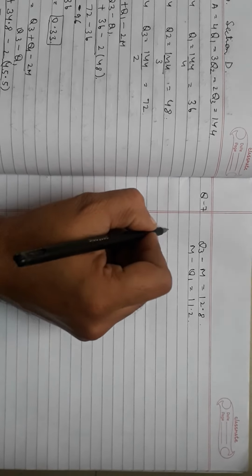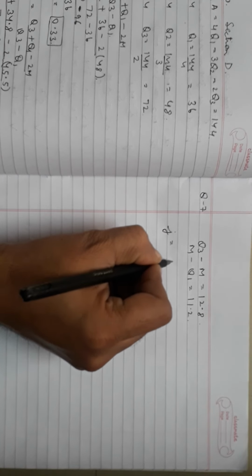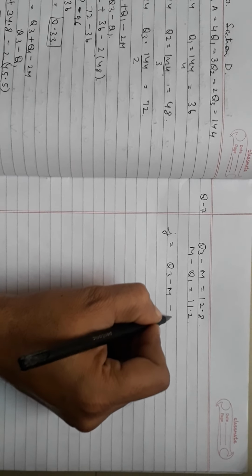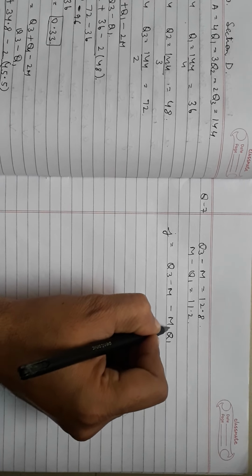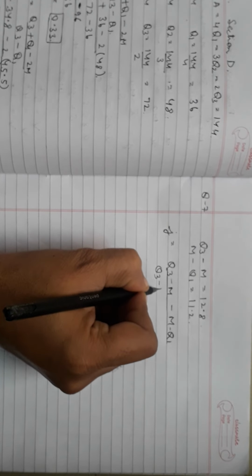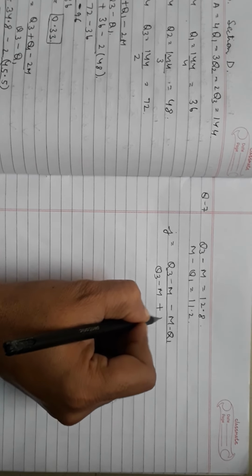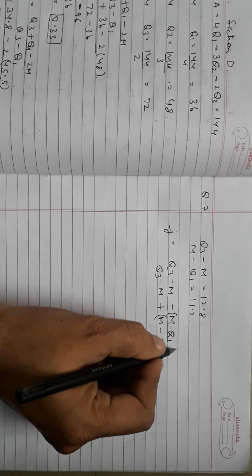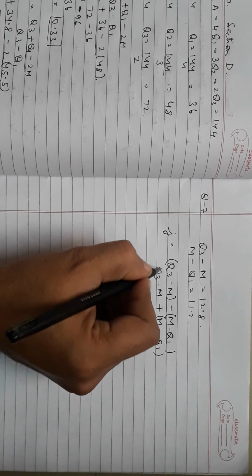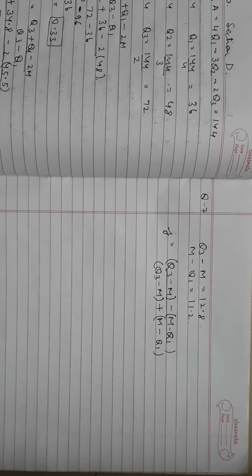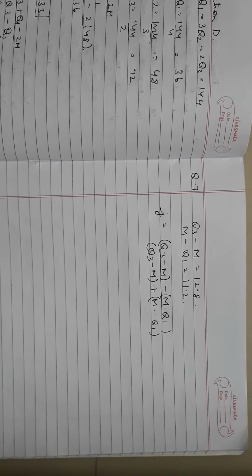Find the skewness and coefficient of skewness. Here the formula for J will be (Q3 to M distance minus M to Q1 distance) upon (Q3 to M plus M to Q1). This is the derivation given in Bowley's method of coefficient of skewness.